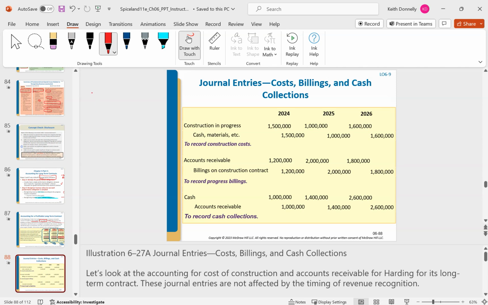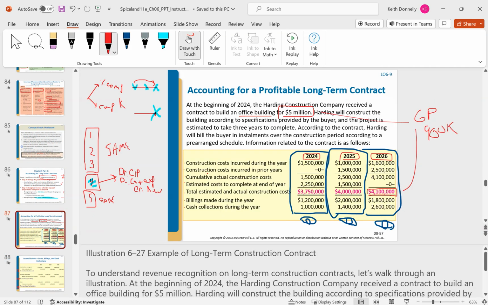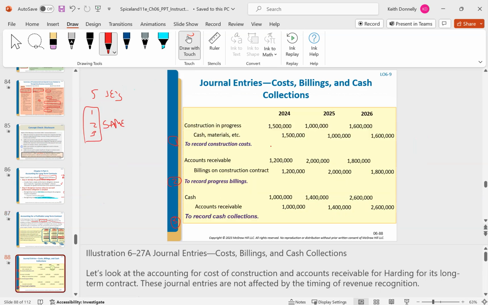Well, the first thing is, we said there's 5 journal entries. 1, 2, and 3 are going to be the same under either method. So we have journal entry 1, journal entry 2, journal entry 3, and this is really just taking the information from over here and plugging it in. So for journal entry 1, we need to record the construction costs.